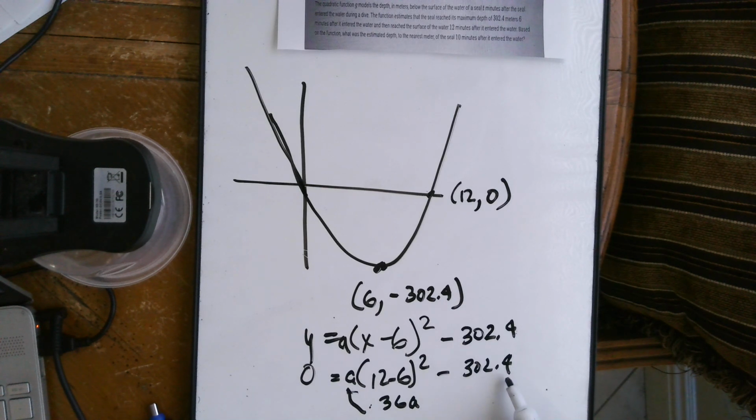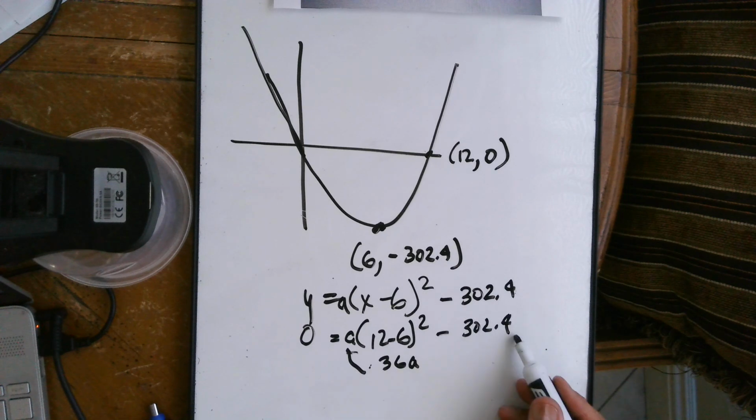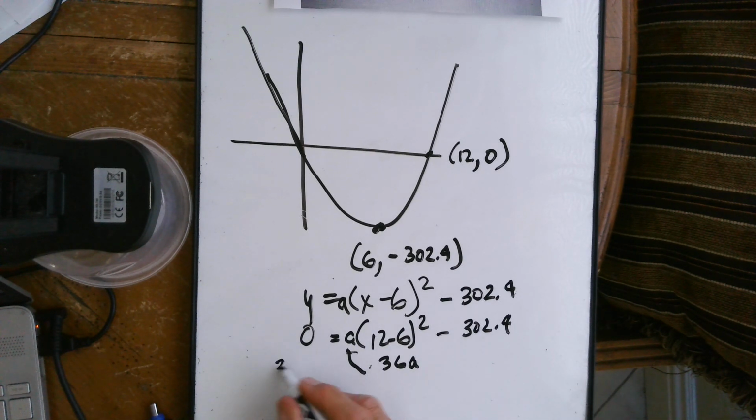If I move this, right, to solve for a, I'm going to move this to the other side, so plus 302.4, and that's going to be 302.4. To solve for a, I divide both sides by 36, right? That will be your a of the parabola.